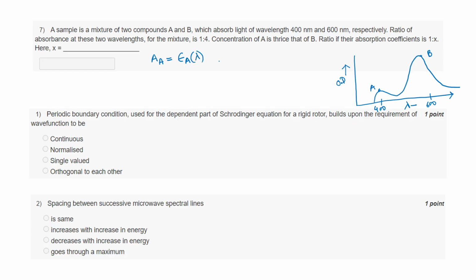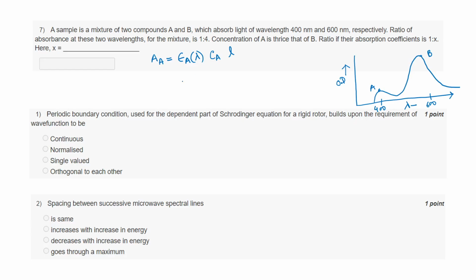It actually does. Then what about C, the concentration? It doesn't depend on lambda, right? And L, does it depend? No, it's the length through which the light passes, not the sample but the sample holder, the cuvette. Yes. So this is going to be the same for both, right?